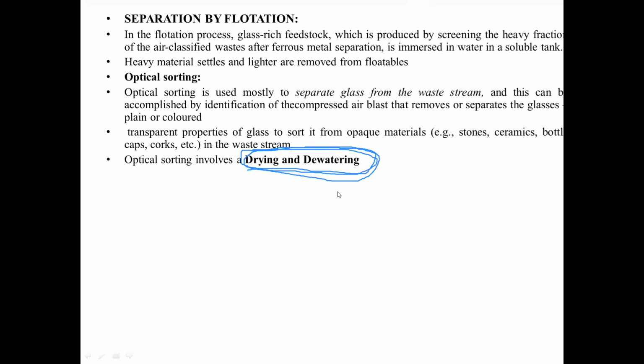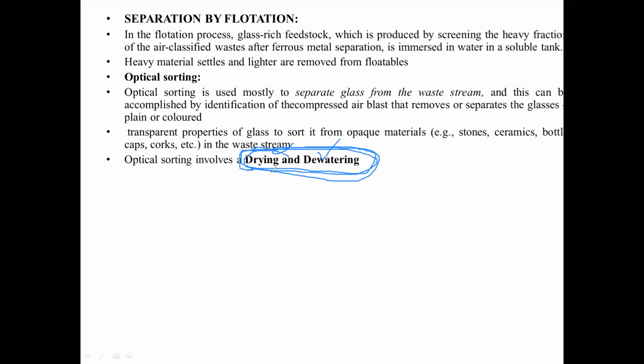As I told you, a glass waste might consist of an oil supplement, or it might have been used for oil packaging or a beverage system, or some system which is still attached to the surface. At that time, you will go with either a drying or dewatering system.